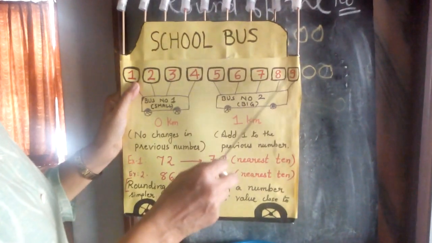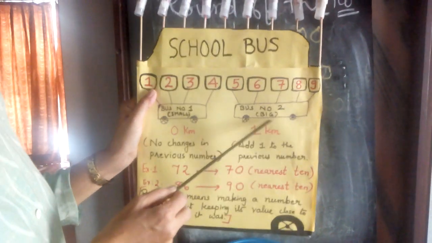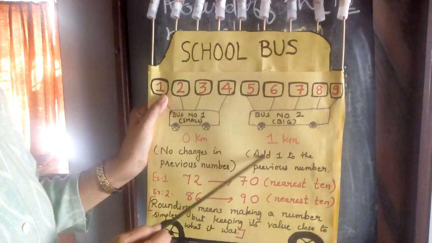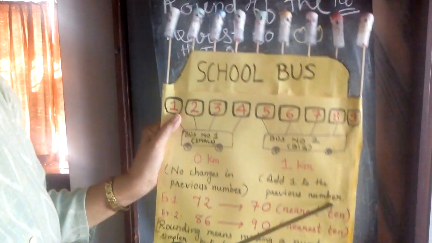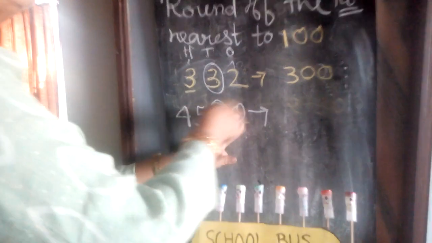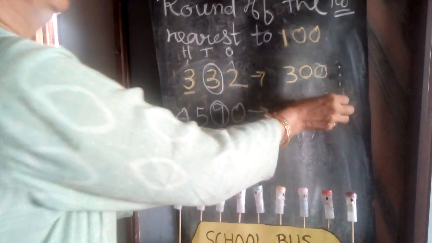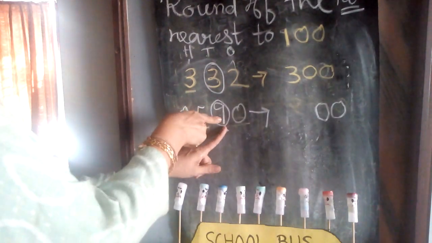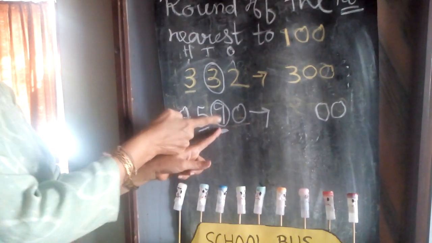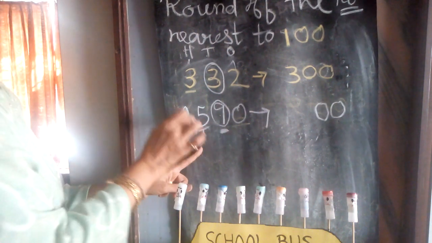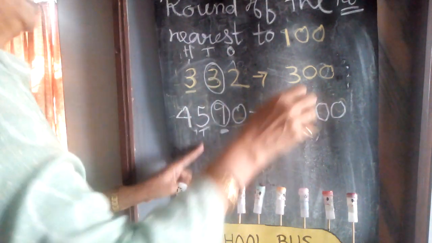So 9th standard is in which bus? Bus number 2, that is big bus, 1 kilometer. So add 1 to the previous number. So first we will go ones place 0, tens place also 0. We will put 0 here because we are adding 1 number to the previous number. So tens place will be also 0.